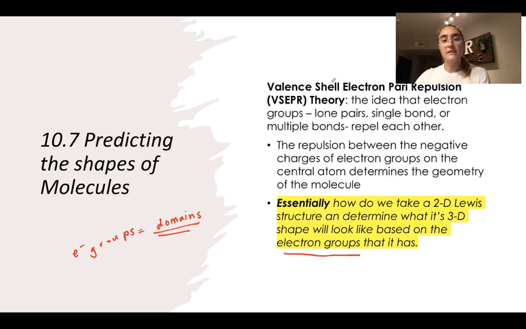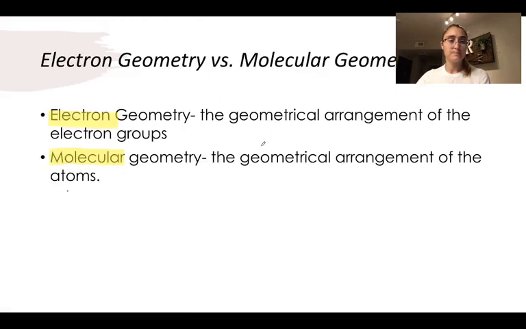Okay, and then the last thing on here is the VSEPR theory. So the VSEPR theory basically says that all these electron groups that are around these atoms want to repel each other. They want to be as far away as possible from each other. They don't want to be anywhere near each other. So we'll sort of look at the practical application of what that means.